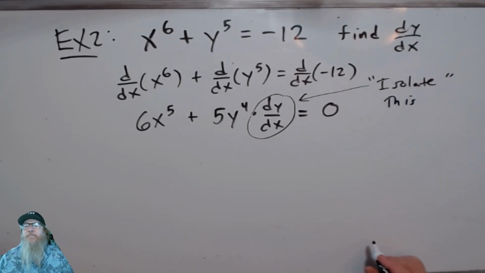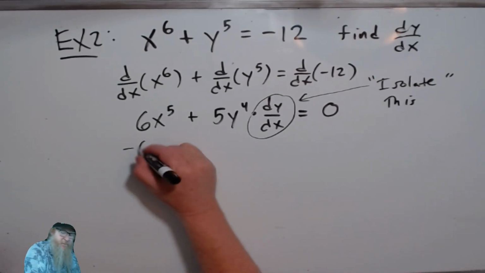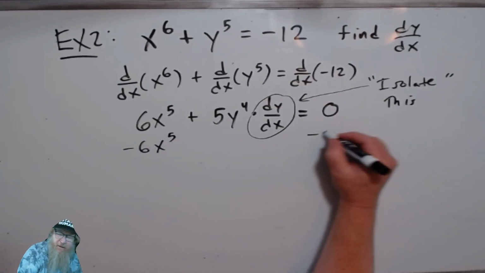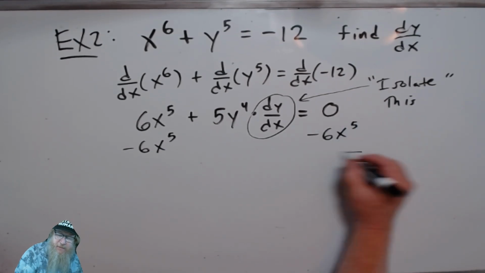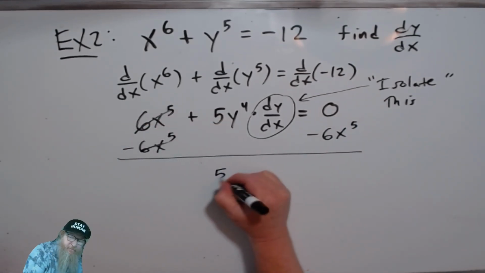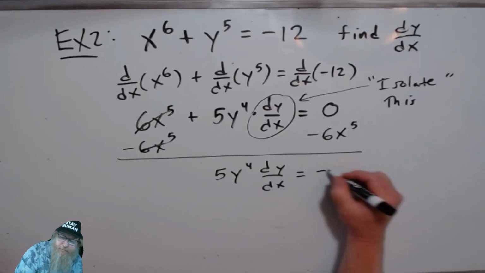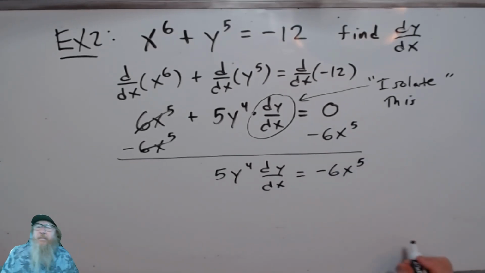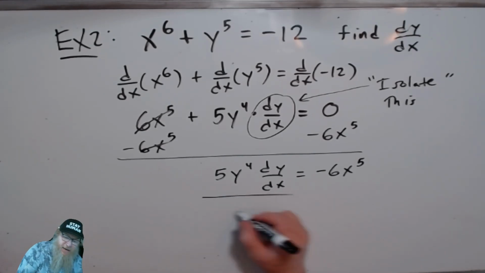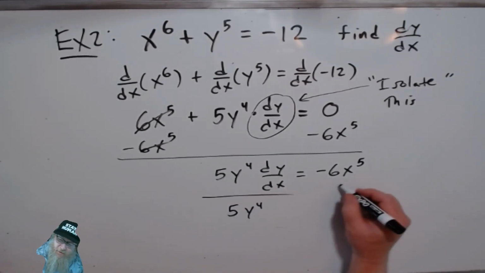Okay. So subtract 6x to the 5th from both sides. And divide by 5y to the 4th.